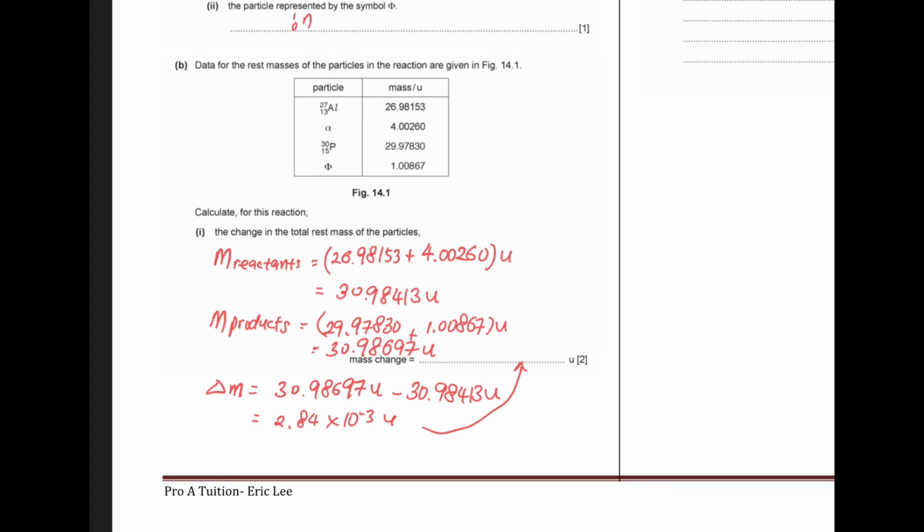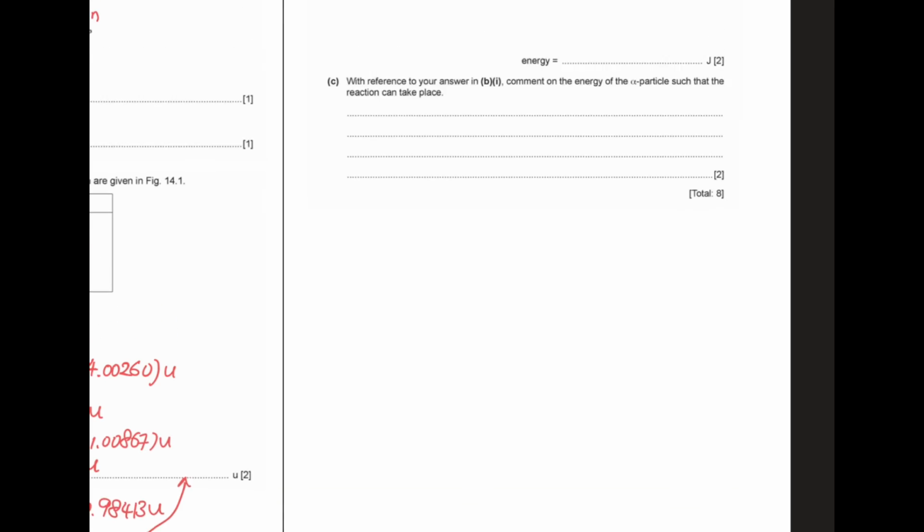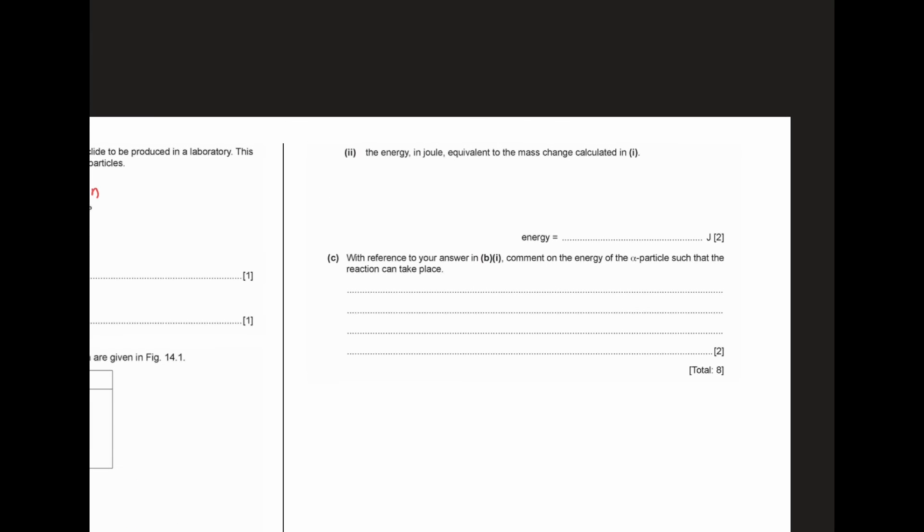Okay, now let's move on. Part 2, the energy in joules equivalent to the mass change calculated in part 1. So we use the Einstein equation. Change of energy is equal to change of mass times c squared. The change of mass just now is 2.88 times 10 to the power of negative 3 U, and the U is 1.66 times 10 to the power of negative 27.